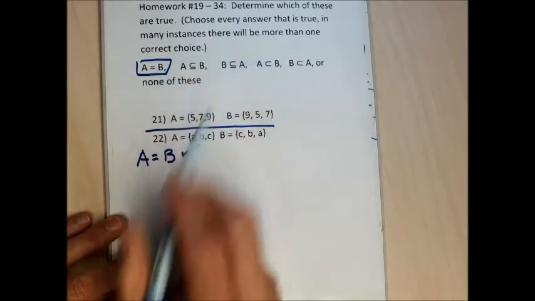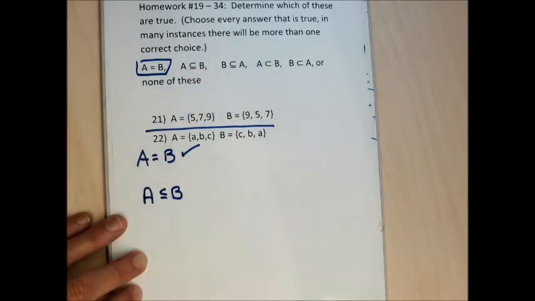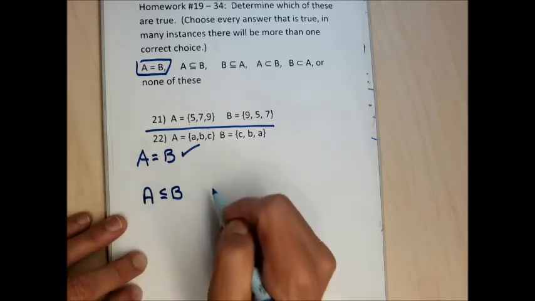Now I move on to the next symbol. Is A a subset of B? And there's only 2 criteria.